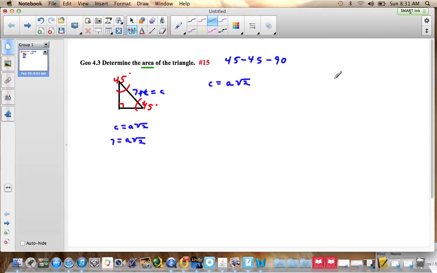Now we have to remember that area is going to be equal to 1/2 base times height.